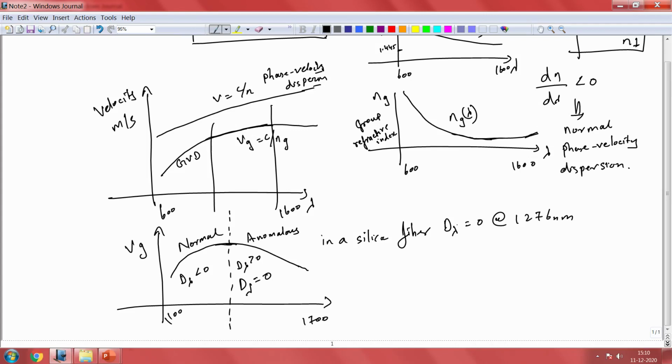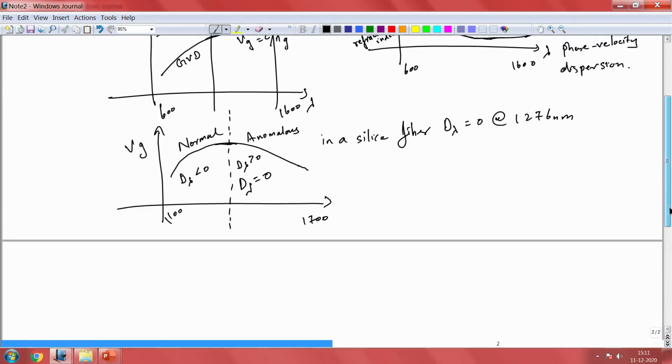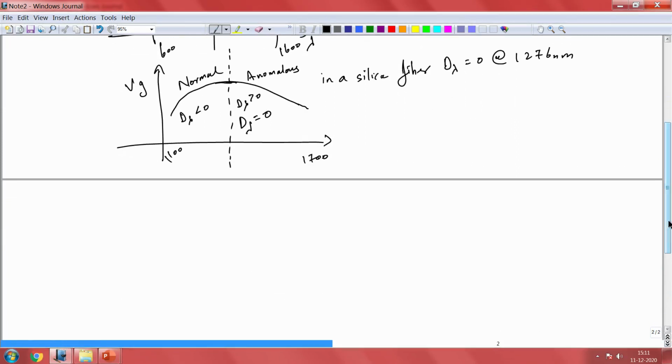Okay. So, this is how a group index changes, right. And let us look at the dispersion itself. Let us look at how the dispersion would look like. So, this is our group velocity, right. Let us look at the dispersion. So, dispersion is a function of picosecond per kilometer per nanometer, right, and if this is 0.